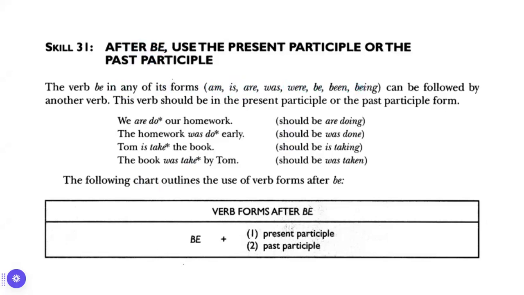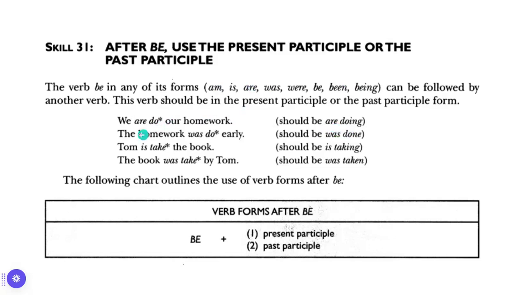Sometimes any of these forms can be followed by another verb. This verb should be either in present participle or past participle form. For example, we are due our homework. It should be we are doing our homework.